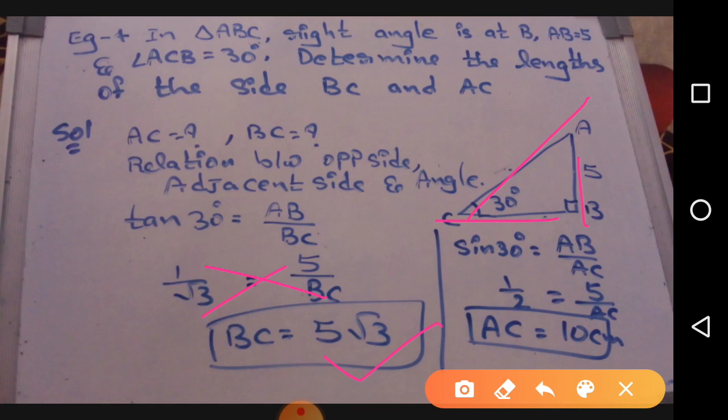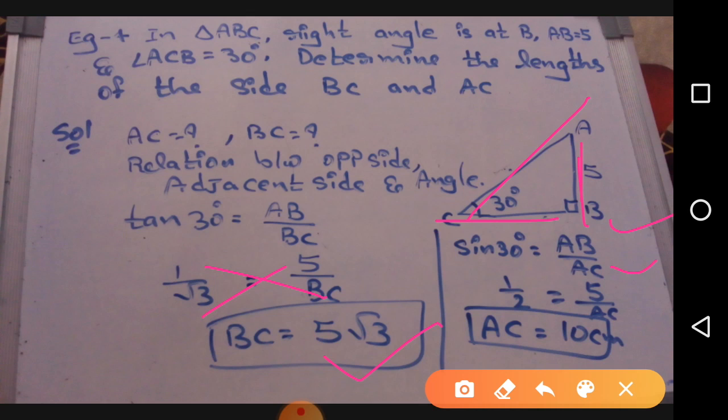You can even find it with cos, it's not a problem. Always go with the easier one, first come first served. So we have taken sine 30, and sine theta is nothing but the opposite side by the hypotenuse. The opposite side is AB, and the hypotenuse is AC.